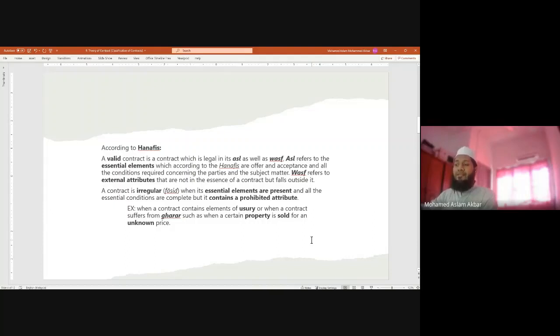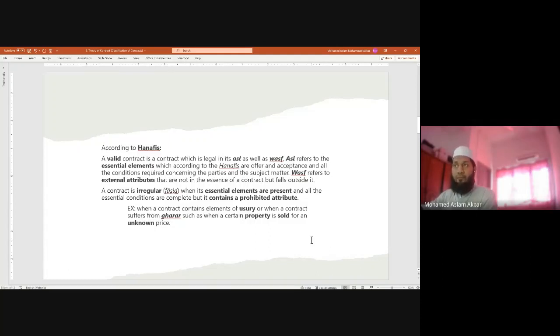But these two things, which are subject matter and parties, follow the offer and acceptance according to the Hanafi, which means the Hanafi make these two things conditions for offer and acceptance.